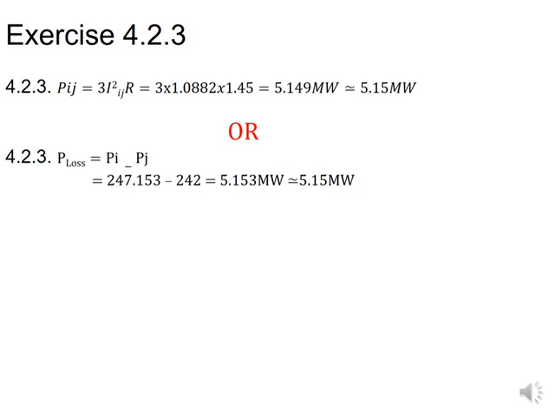Or you can do it in the manner where you say your Pij is simply your Pi minus your Pj, and it would give you exactly the same answer. So it's up to you really which method you utilize. You get the same answer.